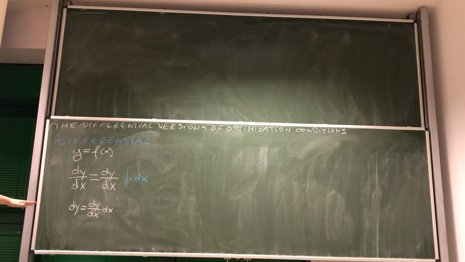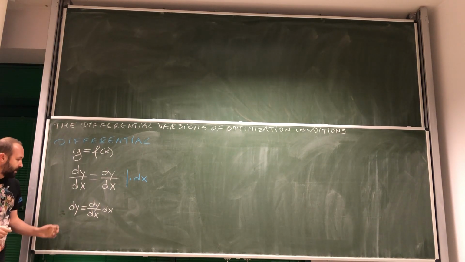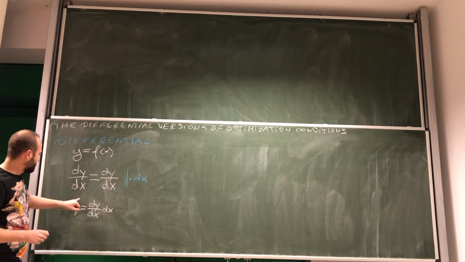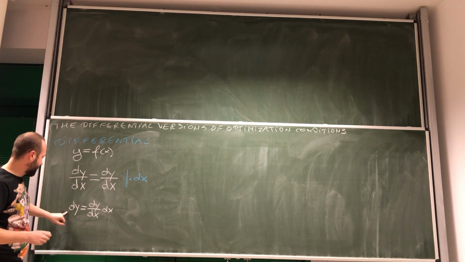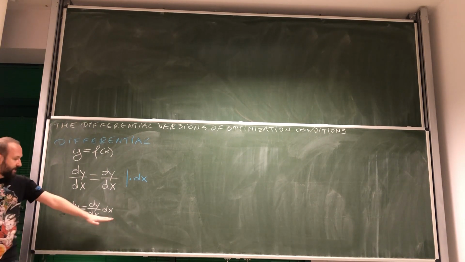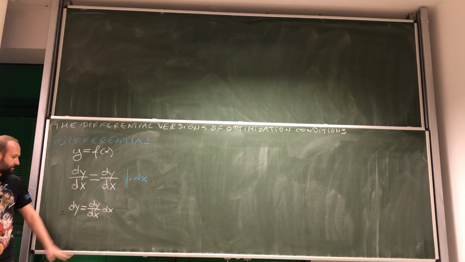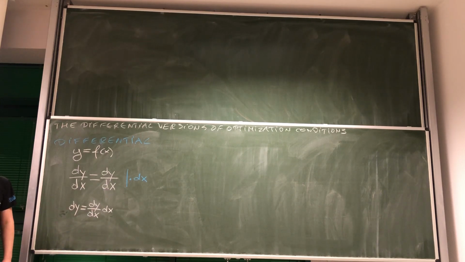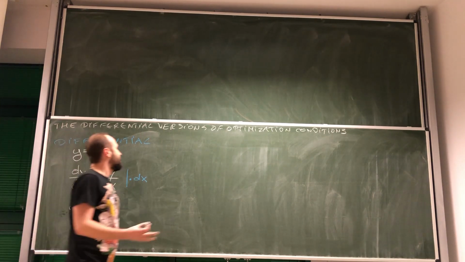So what is this all about over here? Here we see that a very small change in y can be written as a very small change in x times the derivative of y with respect to x.